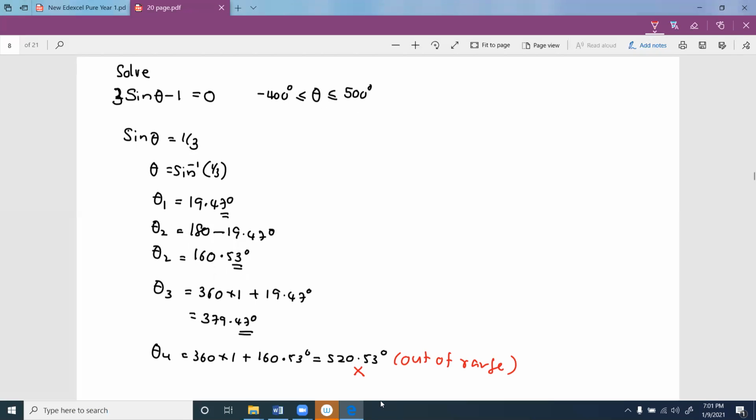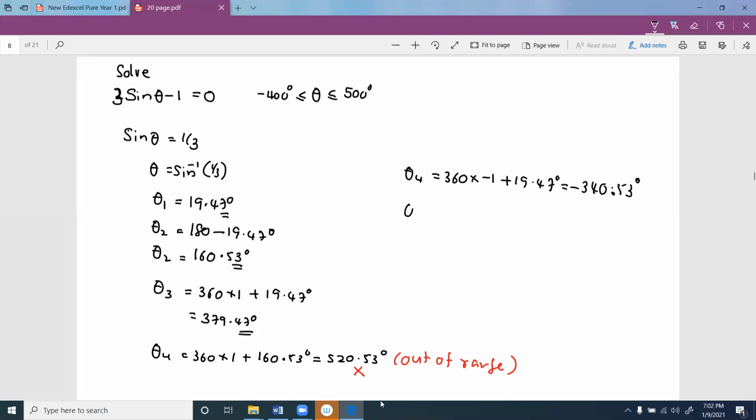Now let's go to the negative part of the answers. Theta 4 is not there, therefore I just start with the next one: 360 into minus 1 plus the first angle 19.47. This answer is minus 360 plus 19.47, which is minus 340.53.